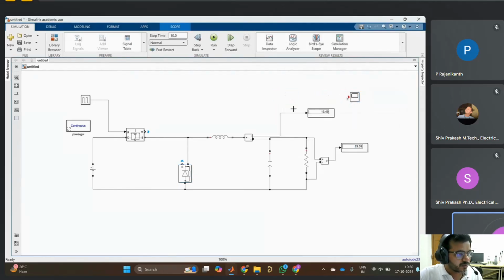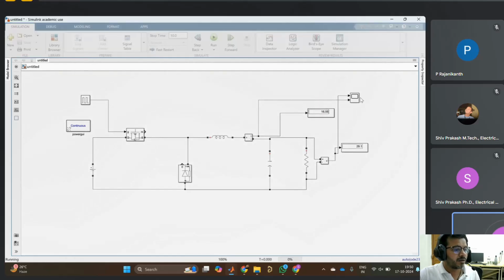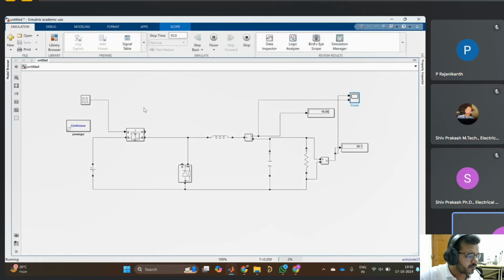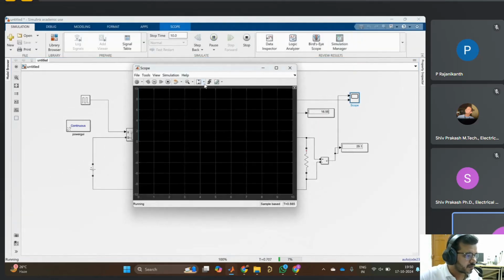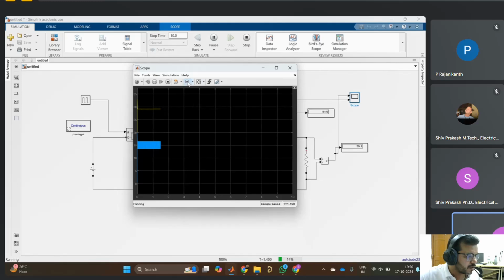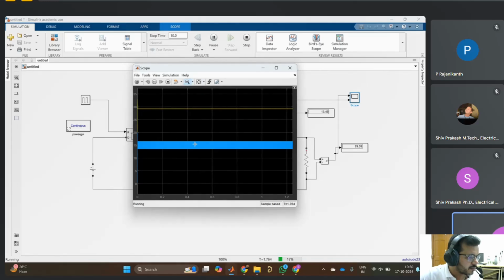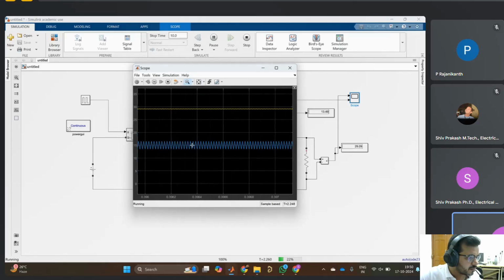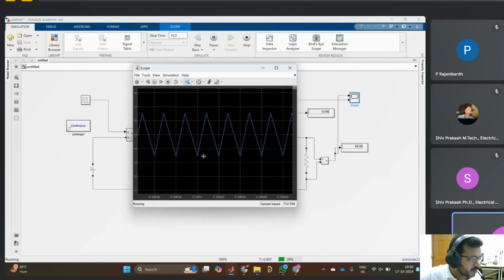We just go to see the inductor ripple. You can measure it. It will be 13.5 to 16.5, approximately 3 ampere.